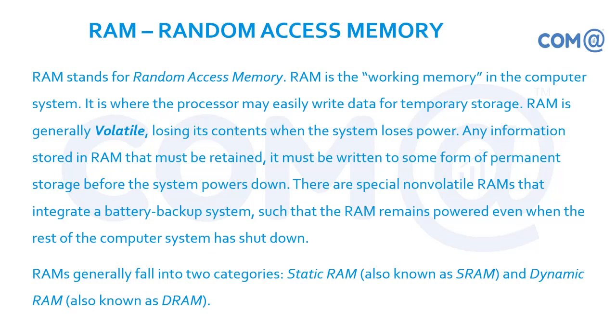We have to have some power option always connected to the RAM module so that the data will be stored on the capacitor-based IC chips. RAM generally falls into two categories: static RAM and dynamic RAM.